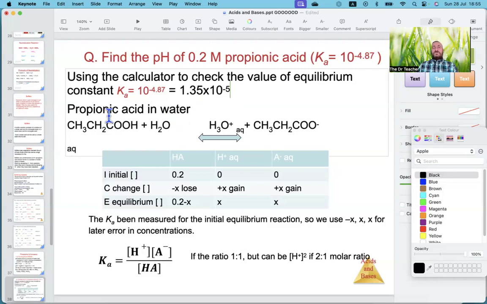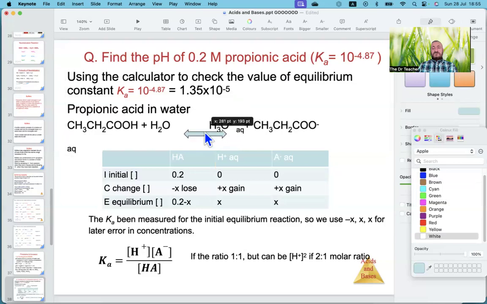Okay, so propionic acid in water, this is it. It will give you the hydronium and this base, CH3CH2COO minus. Now all these are aqueous, of course.